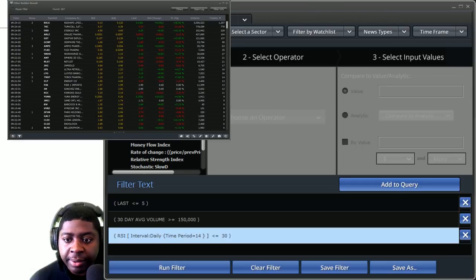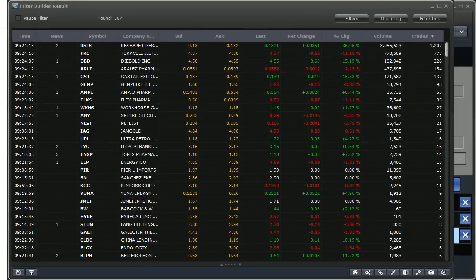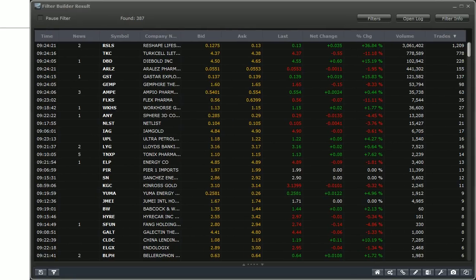Here it is. These are stocks right now that meet my criteria: under $5 a share, trade an average daily volume for 30 days of at least 150,000, and are currently below 30 on the RSI.